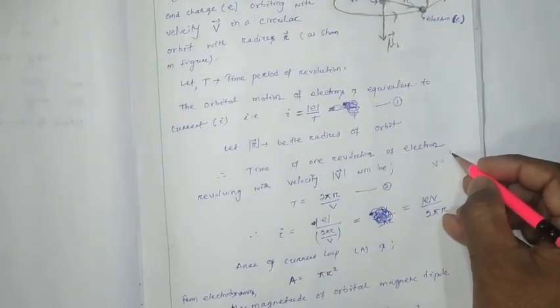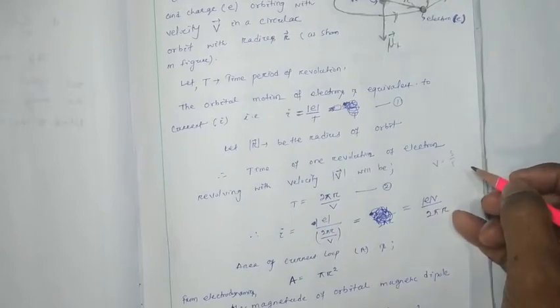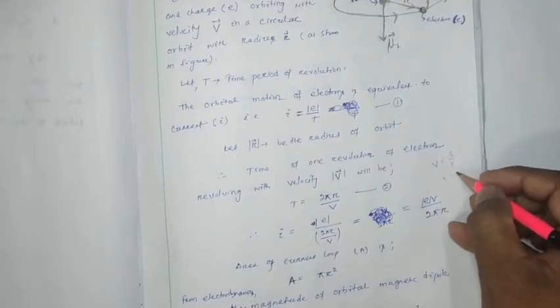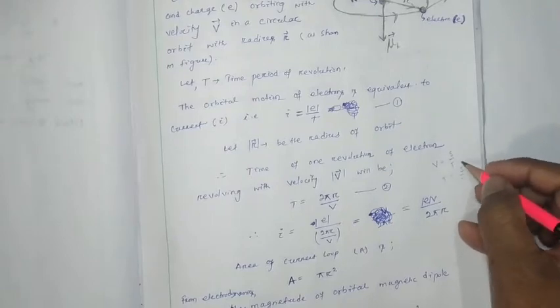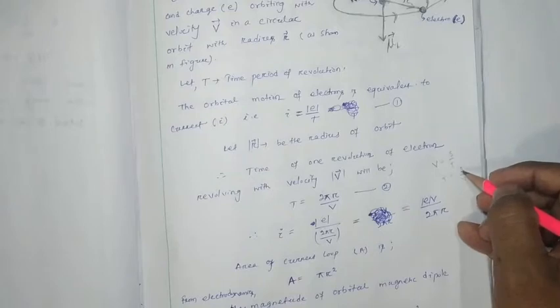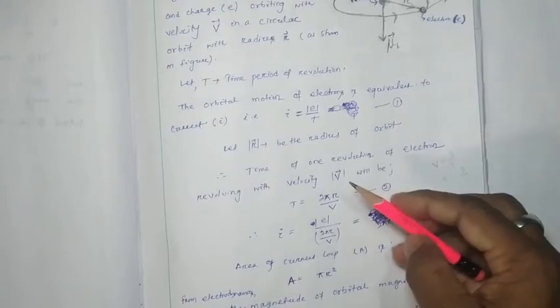Velocity is displacement divided by time, so time is the total path covered divided by the speed v, considering only the magnitude.